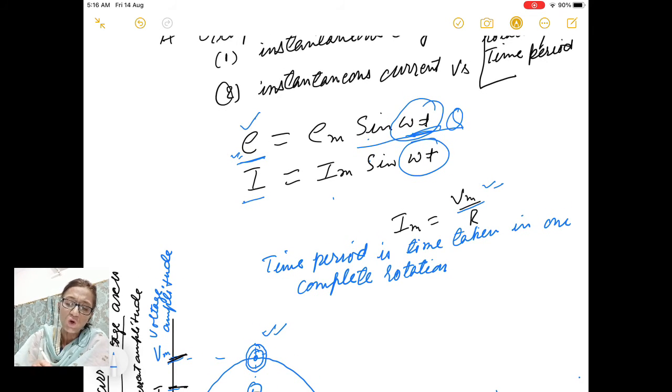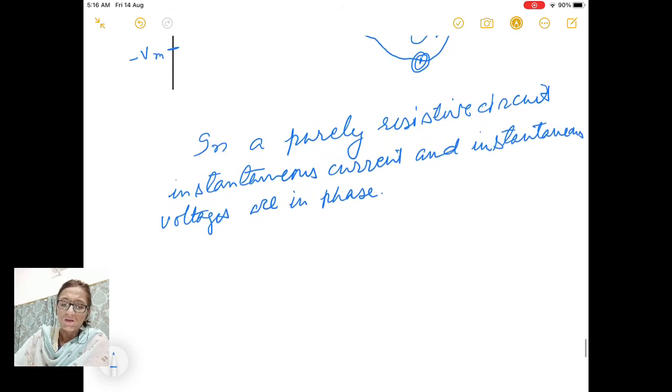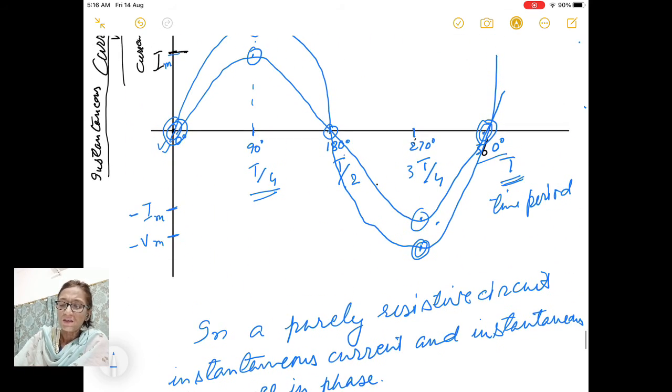This quantity is called instantaneous EMF, this quantity is called instantaneous current, and here you have the EMF amplitude, and here you have the current amplitude. So yes, one more thing.